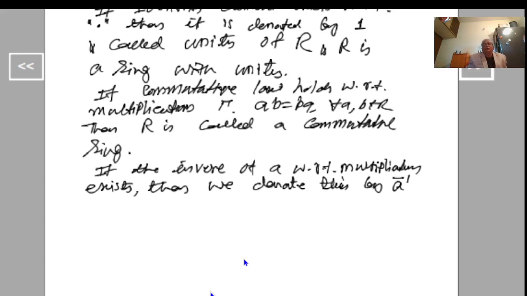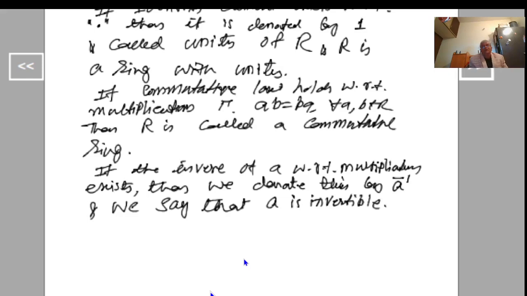Inverse with respect to addition is denoted by minus a. Inverse with respect to multiplication we denote by a power of minus 1, and we say that A is invertible. So there need not be the inverse of each element. If inverse is there for some element, then we say that that element is invertible.